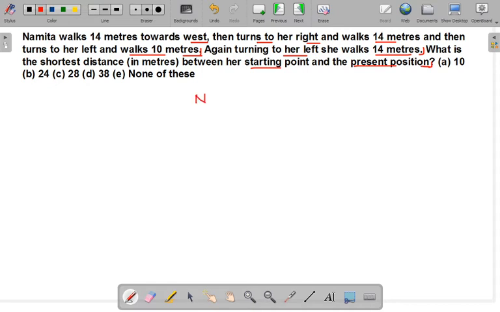So Namita started in west, walks for 14 meters, then turns right, walks for 14 meters, then turns left, walks for 10 meters, again turns to her left and walks for 14 meters.